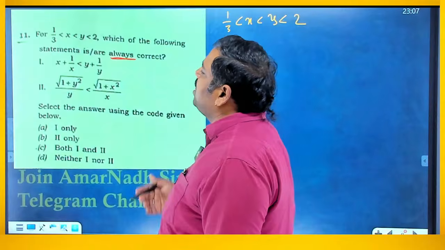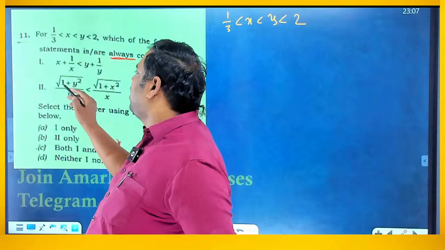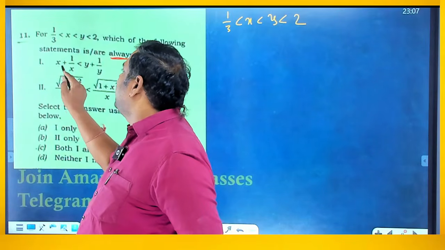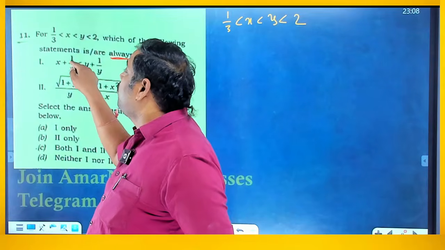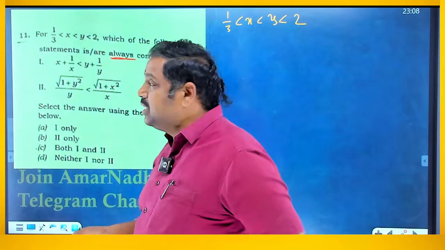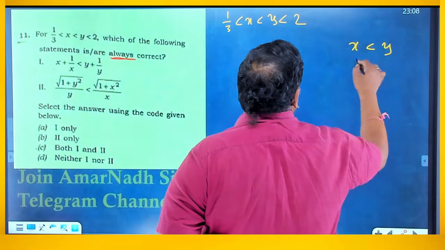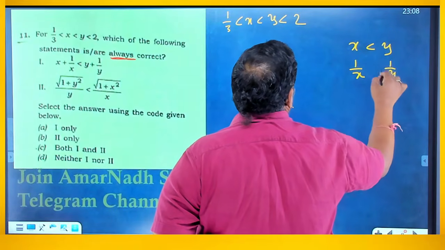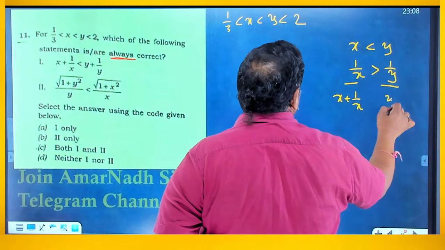Is x plus 1 by x less than y plus 1 by y or not? Normally, since x is less than y, I'll accept. But 1 by x and 1 by y, if you observe, 1 by x is greater than 1 by y. See, x less than y, if you take the reciprocal, automatically the symbol changes. Now, if you add both, it is x plus 1 by x and y plus 1 by y.